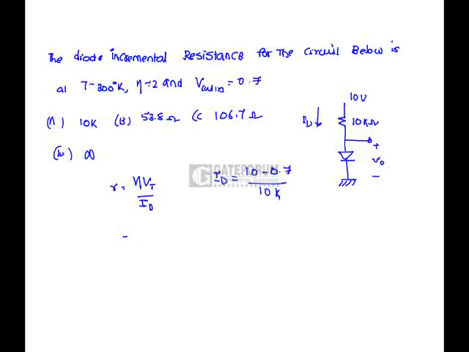So if we substitute, this is 9.3, that is 0.93 into 10 power minus 3, we will get this as 53.8 ohms, hence option B is correct.